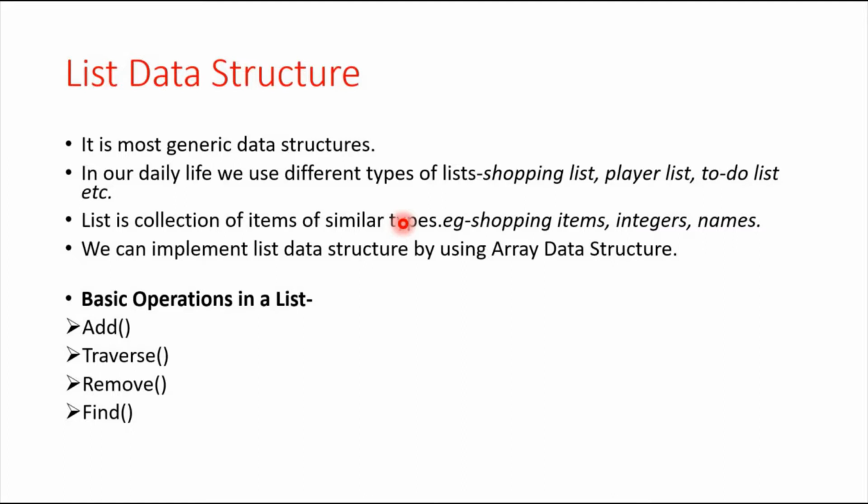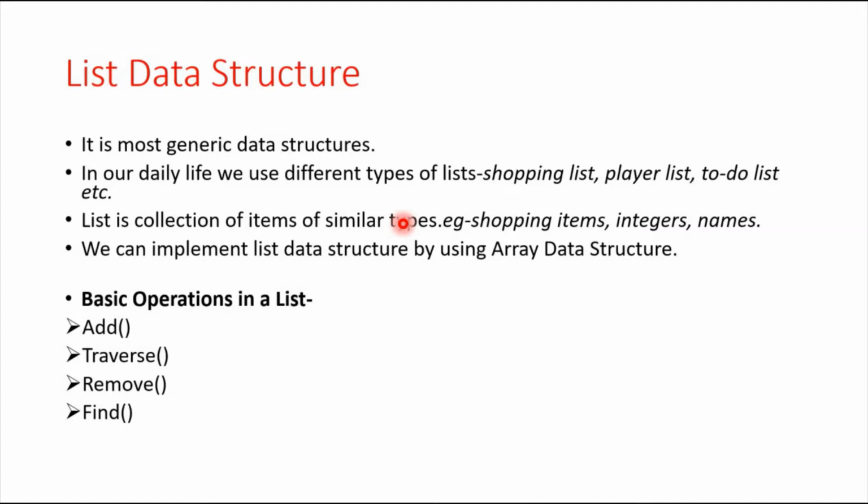It only contains integers. Means list is also a collection of similar types, same as array. So we can implement list data structure using array data structure.